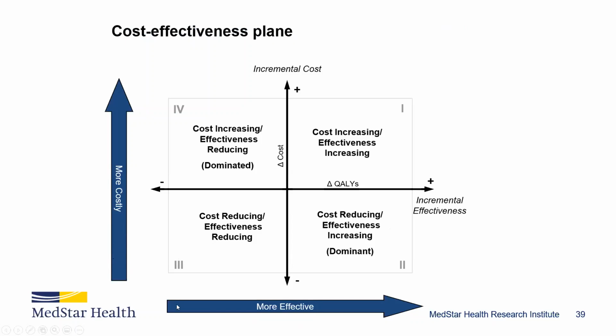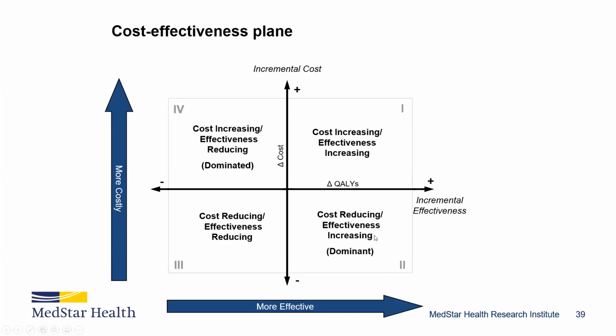Our horizontal scale here is effectiveness, our measure of effectiveness, and it's increasing as we go to the right. If we divide this into quadrants, then the first quadrant in the upper right is what we call the cost effectiveness quadrant. That is, cost is higher for the treatment, but so is effectiveness.